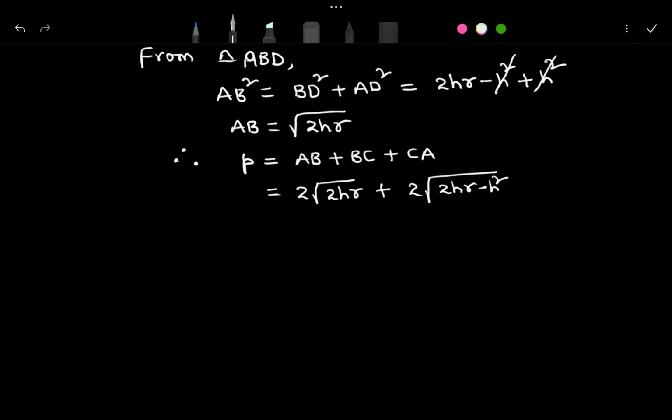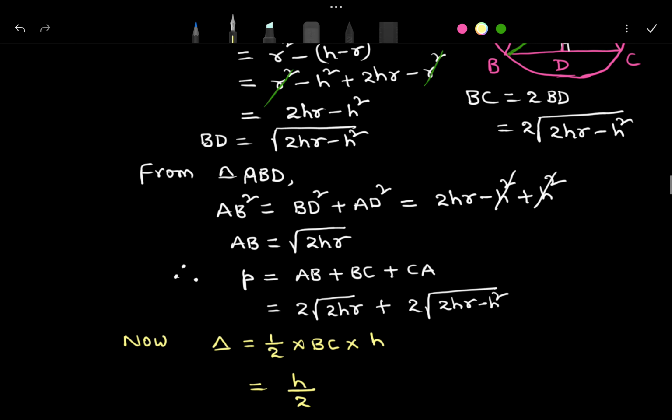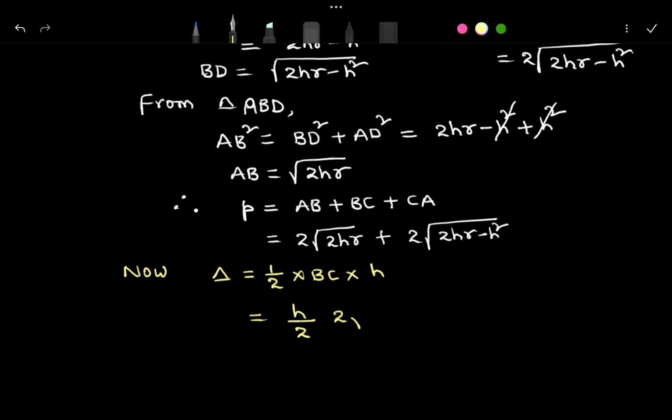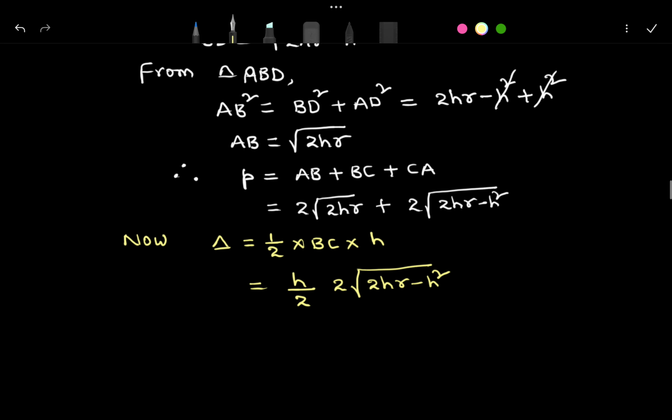Delta is equal to half into base BC into height, the altitude from A to BC, which is h, given. Substituting the BC value, 2 into square root of 2h into r minus h square, the 2 and 2 cancel. The resultant value is h into root of 2h into r minus h square.